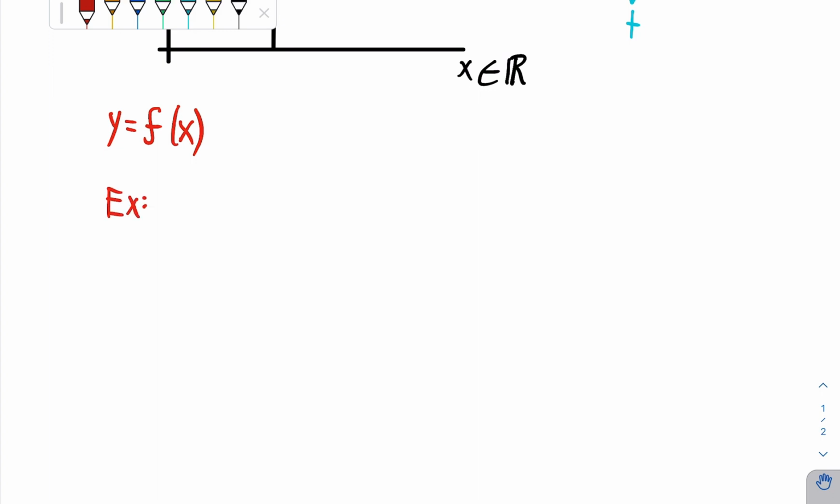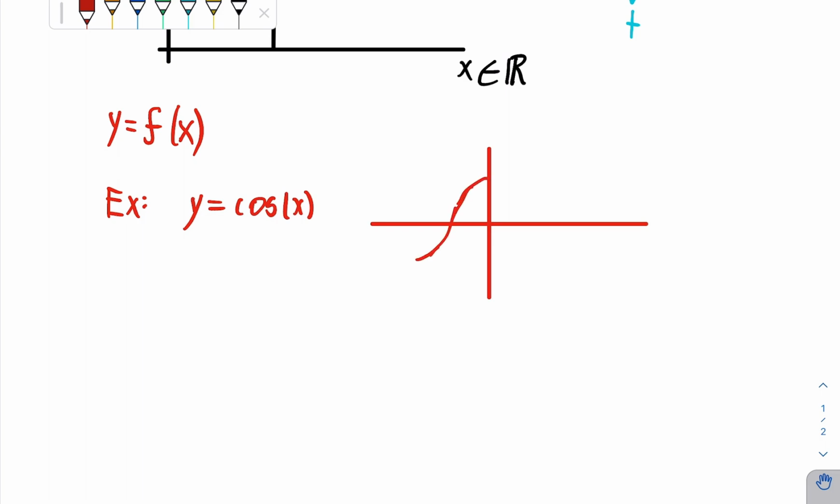We can have y equals the cosine of x, such that for every x value, we can take the cosine of that x value, and that will return our y value. Graphically, this will return a cosine wave, which looks something like this. And it will continue as it fluctuates as a wave.